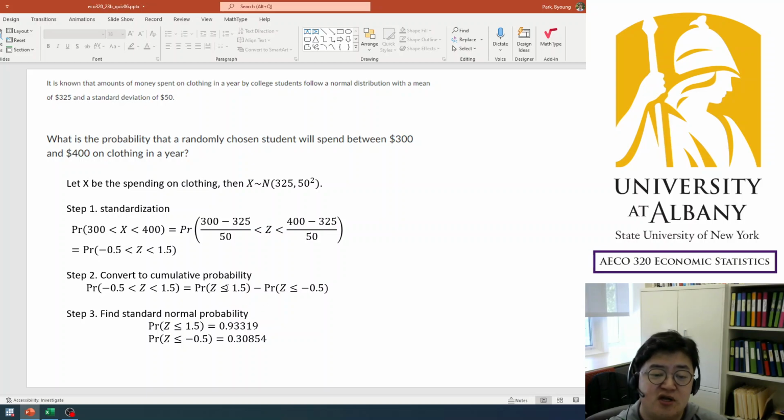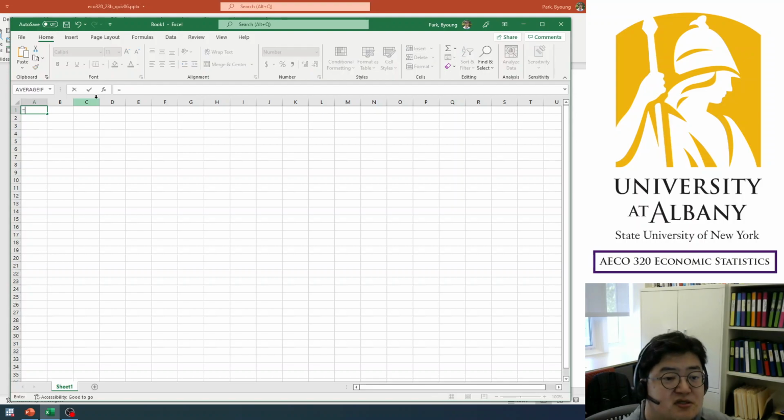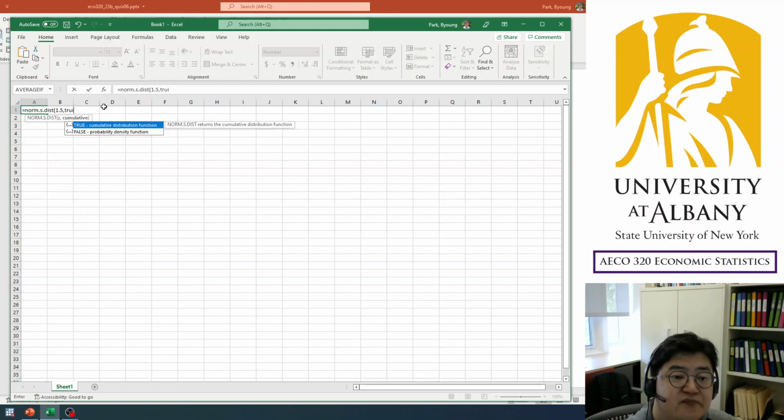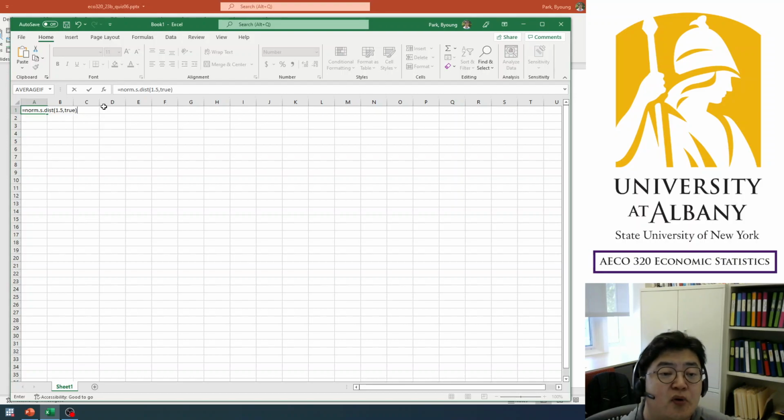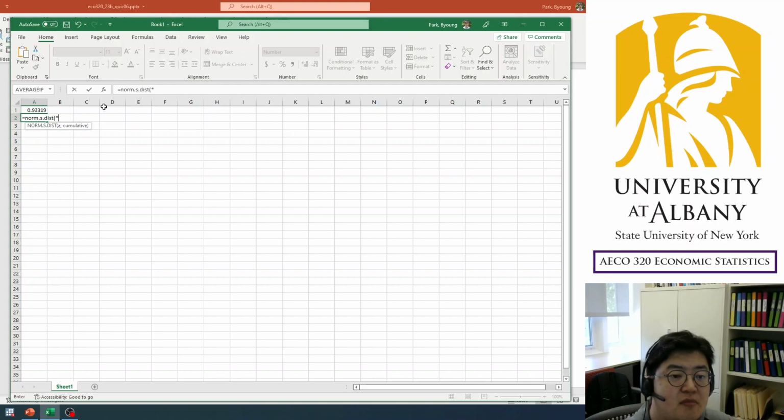And then here you need to find two standard normal cumulative probabilities. You need to find those at 1.5 and minus 0.5 and take their difference, which is not that difficult. Let's do that. First, find the cumulative probability at 1.5, and another cumulative probability at minus 0.5.